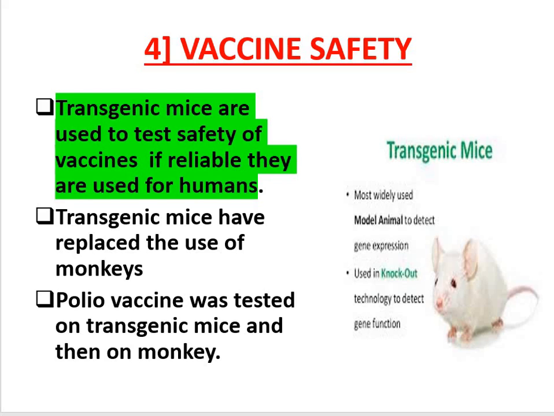Transgenic mice in which the human genes are introduced, when tested for various vaccines, give results which are very similar to what is seen in humans. Many times monkeys are used in testing vaccine safety. However, it is difficult to procure monkeys because of various reasons, and hence transgenic animals can be very effectively used as they have the human genes and they can be used as human models for vaccine safety at various levels.